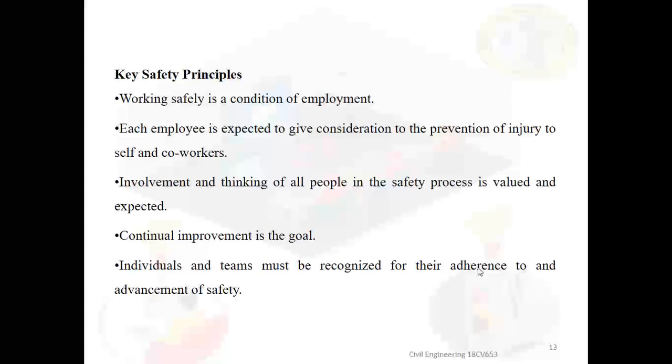Continual improvement is the goal, meaning continual improvements so that work is done without any hazard or harm. And individuals and teams must be recognized for their adherence and advancement of safety, so that the team adheres to the safety measures involved at their working site.